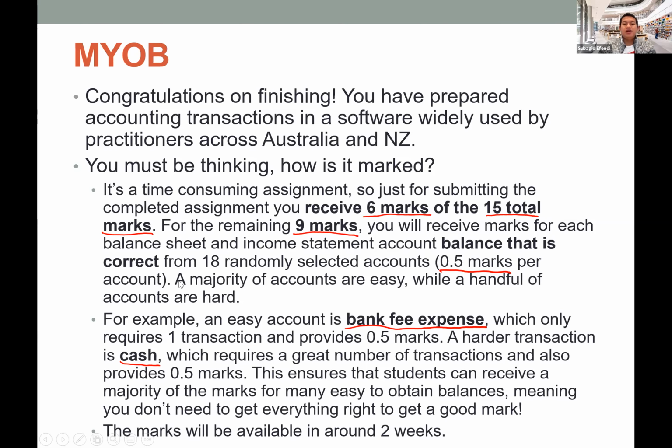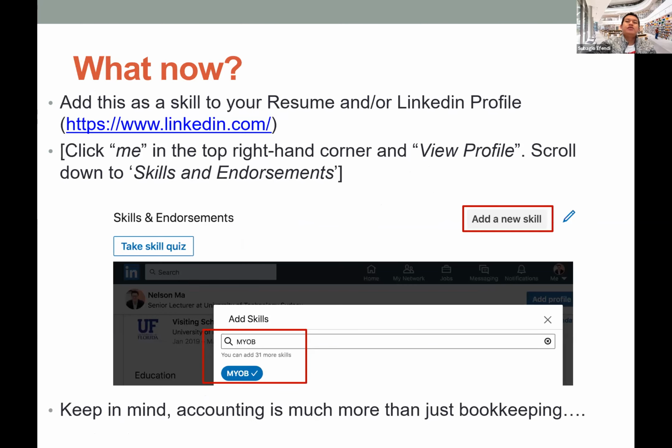Next, if you have a LinkedIn account, you can add MYOB software to your skills. Click the add new skill button in the right corner, then you will find a search panel, type MYOB, and add it to your skills. You can also ask your friends to endorse your skill, and you can ask me to endorse it too.